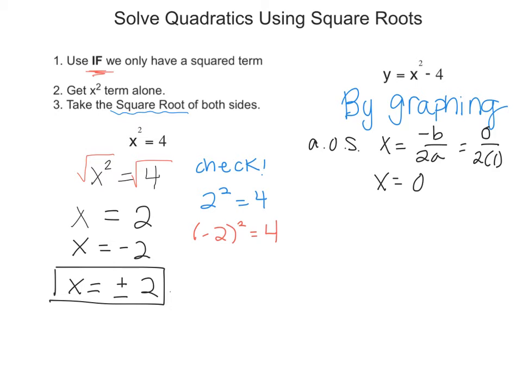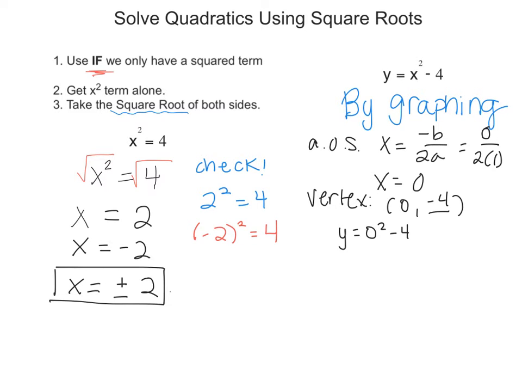And then I would go back in and plug in my axis of symmetry to find my vertex. Remember, my vertex is the ordered pair 0, and then whatever I get when I plug in 0. So I'm going to plug 0 in, y equals 0 squared minus 4, which means y equals negative 4.